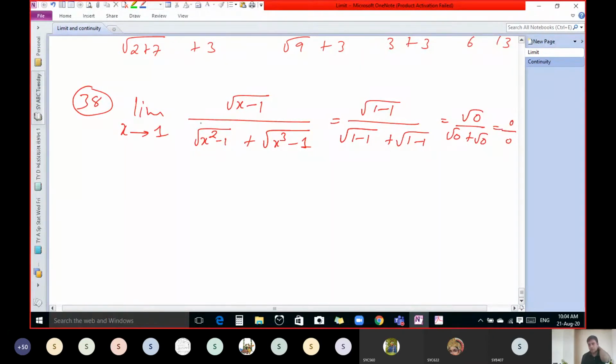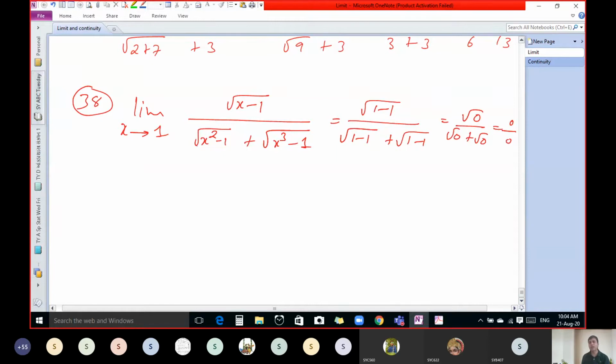So ultimately we get 0 by 0, and whenever we have 0 by 0, either we have to factorize or we have to rationalize. If there is a root sign in the question, it's usually better to rationalize. But for this question, the factors are very simple: x square minus 1 is x minus 1 times x plus 1, and x cube minus 1 is x minus 1 times x square plus x plus 1.